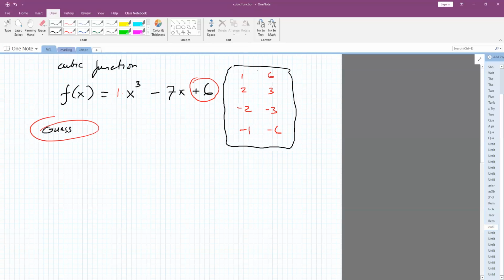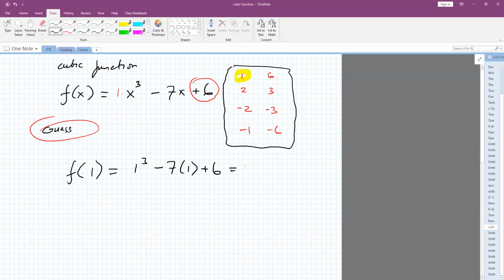Now let me give you an example. Let me start from the first possibility, this value 1. How do we know if this is a solution of this polynomial? Remember the factor theorem: when you put in f(1), let's see what we get.